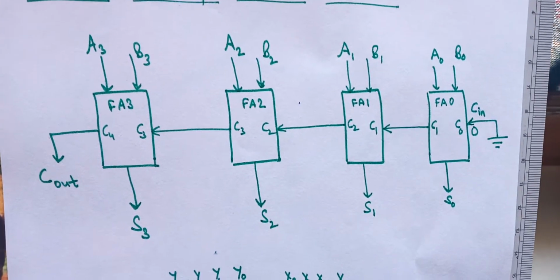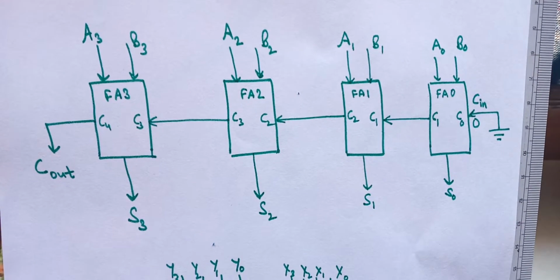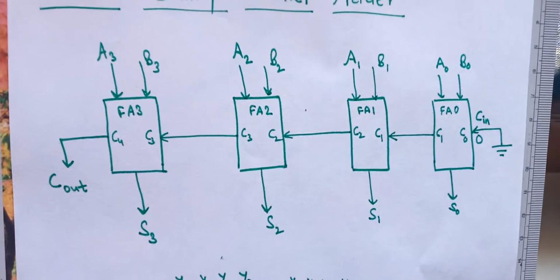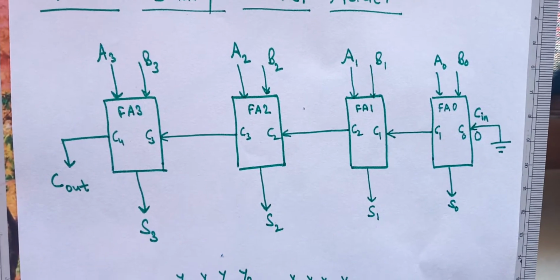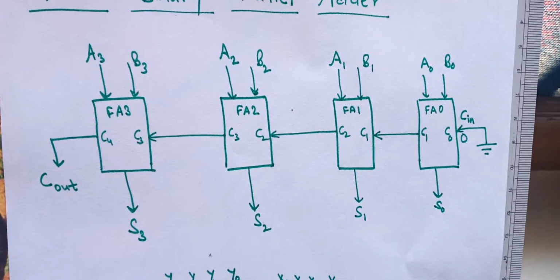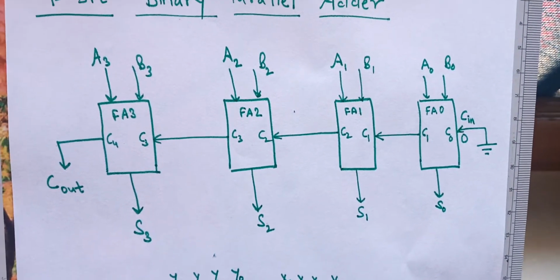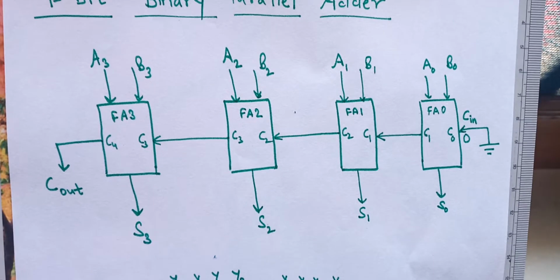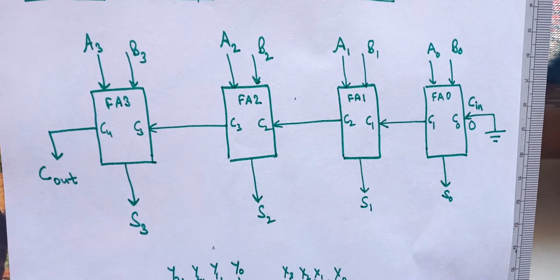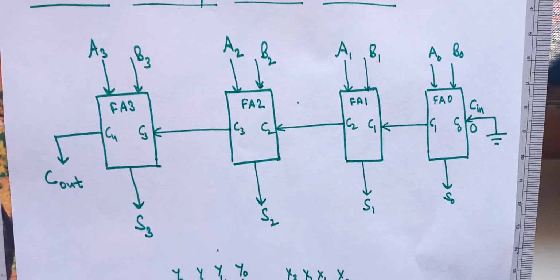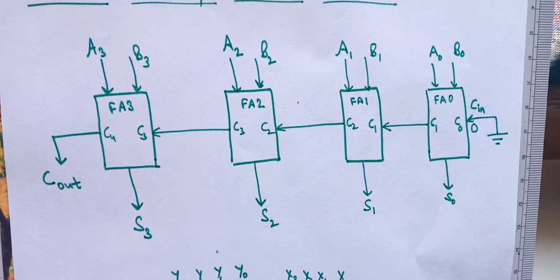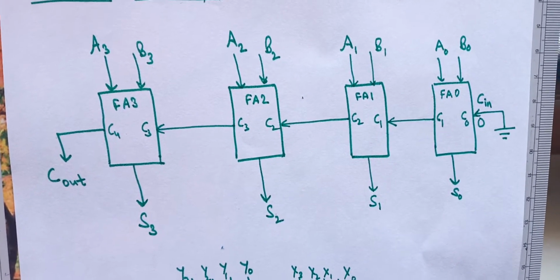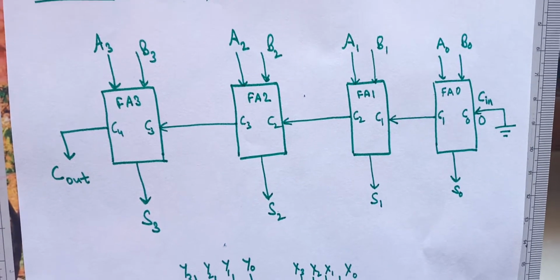Because there may be a possibility of a carry also, that on addition of A0 and B0 a carry may be generated. So it may be a third input for the next A1 and B1 addition. So there are 4 full adders required because these are 4-bit numbers.